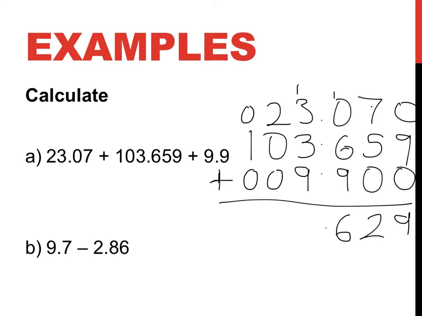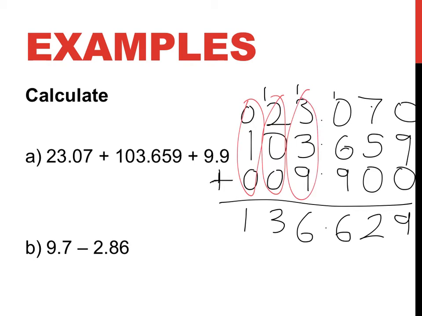Put my decimal point at the same spot. 9 plus 3 is 12, plus another 3 is 15, plus 1 is 16. Carry the 1. 1 plus 2, 0, 0 is 3, and then 1. The main point is that was really easy because all my place values were under each other, and so were my decimal points.